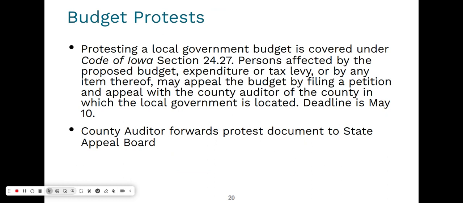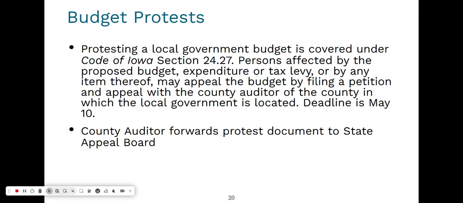So persons affected by your budget can circulate a petition and file an appeal with the county auditor, indicating their disapproval of some item within your budget. So they'd file that with the county auditor. The number of signatures required depends on how many people voted at the last election for governor. So that's a calculated amount, but it needs to be at least 10.